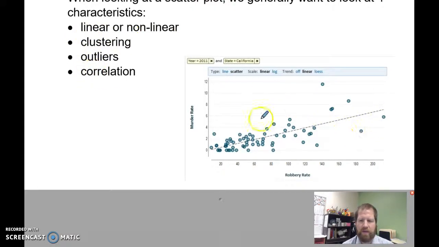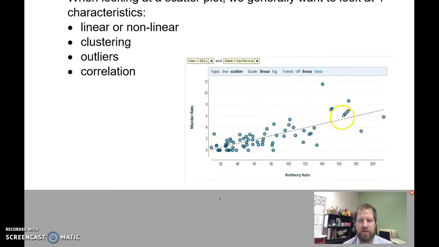Okay, and correlation goes back to the last lesson we worked on, and we'll talk about that a little bit more. So if I'm looking at this scatter plot, this is in California, the murder rate versus the robbery rate, and I think probably each of these points are like different cities. Okay, and we're looking at per capita. Okay, so for these, if I'm looking for whether it's linear or nonlinear, well, it doesn't form a perfectly straight line, but it's not like it curves up, okay, or curves down, or any other way.